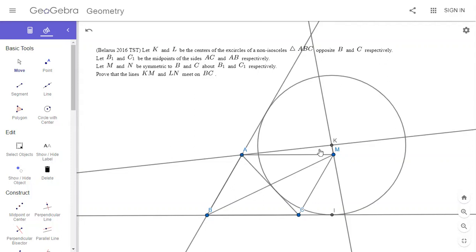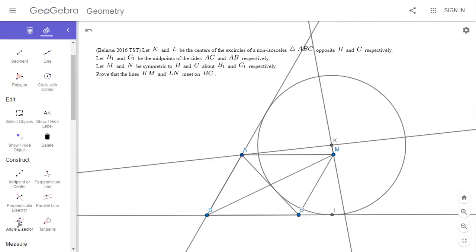But we know that the angle bisector at A is perpendicular to AK. Let's see. So we know this line is perpendicular to AK and we want to show MK is perpendicular. So we want to show they're parallel. And that seems like it should be an angle chase, I would think.